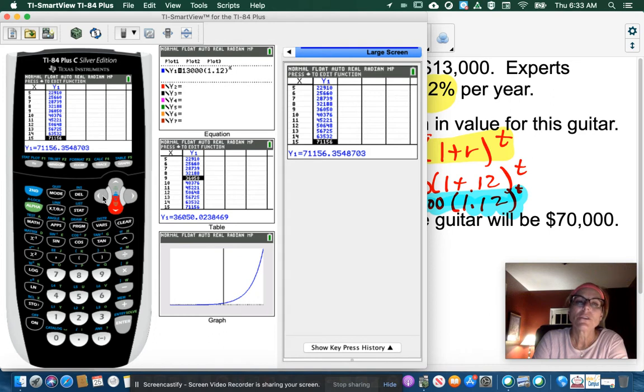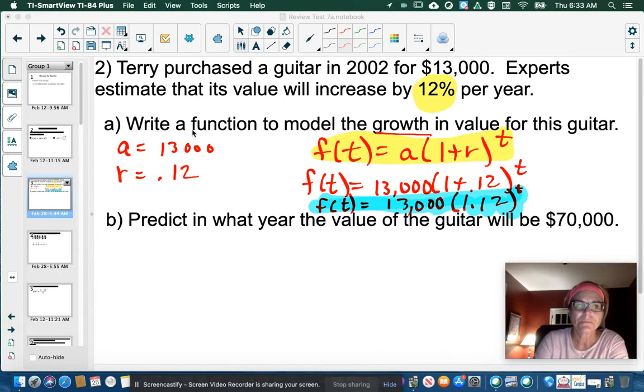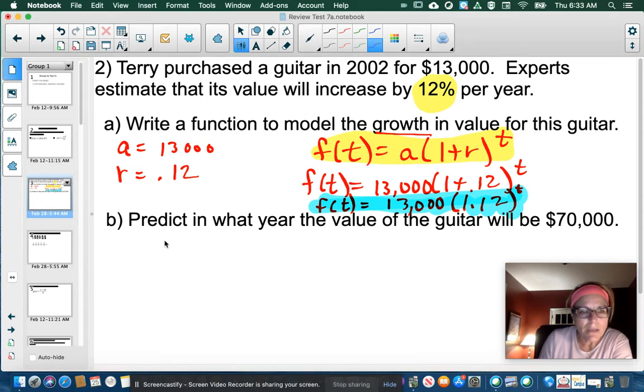71,156. So after 15 years, the value of the guitar will be 71,156. So let's write that down. So when x is equal to 15, y was equal to 71,156.